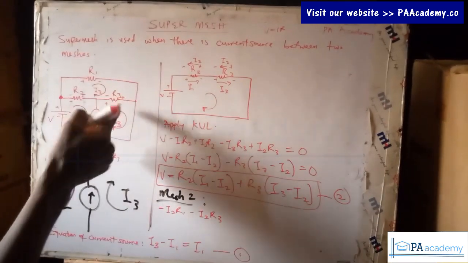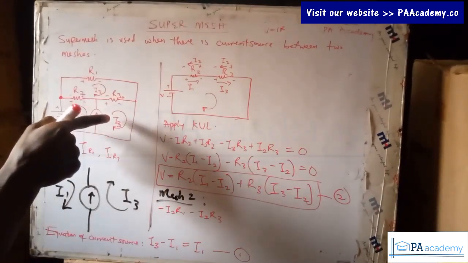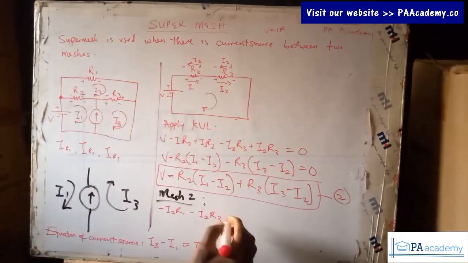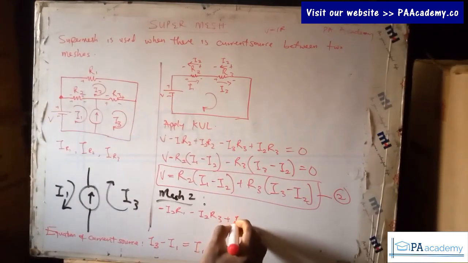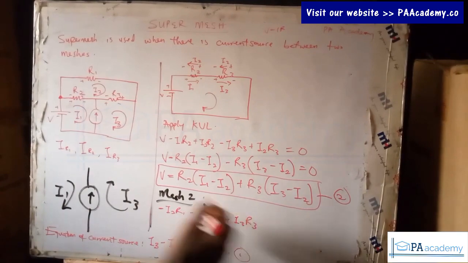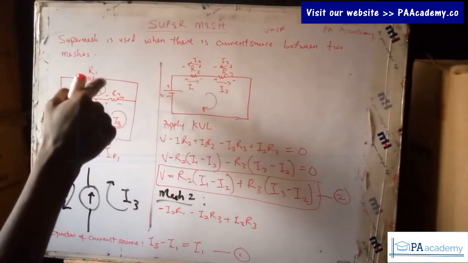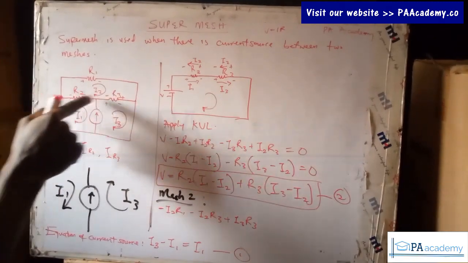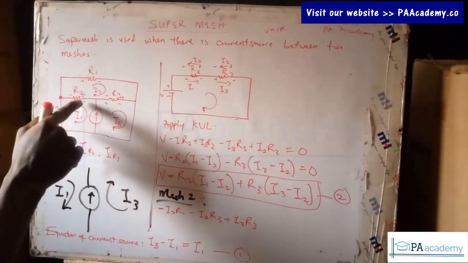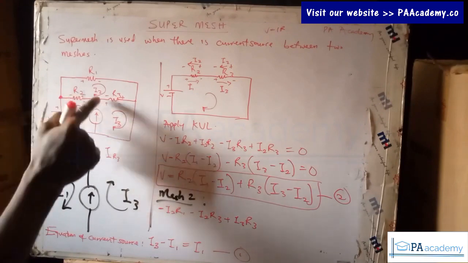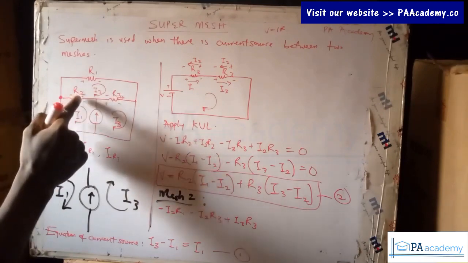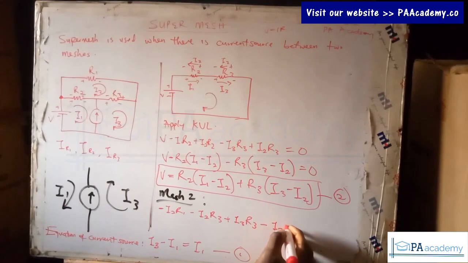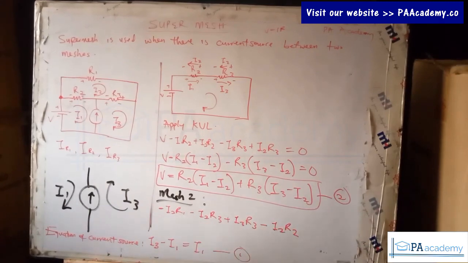Also in this same resistor, due to current I3 flowing through it from positive to negative, that is going to be plus I3 R3. We've done something like this when we were looking at mesh, so don't let it confuse you. So we are done with this element. Let's go to this. In this same direction, from positive to negative due to current I2, that's going to give us minus I2 R2.